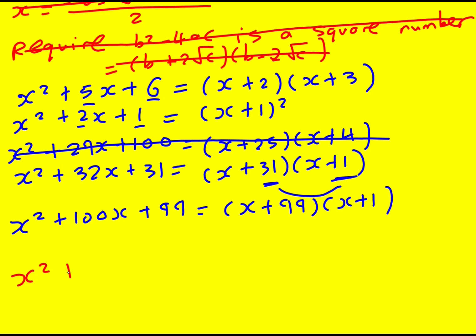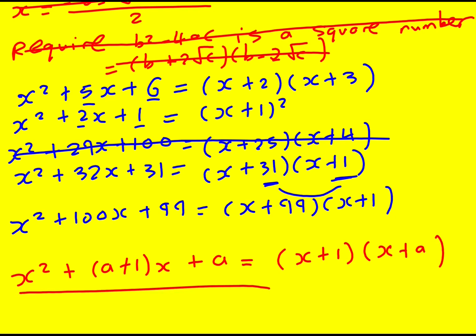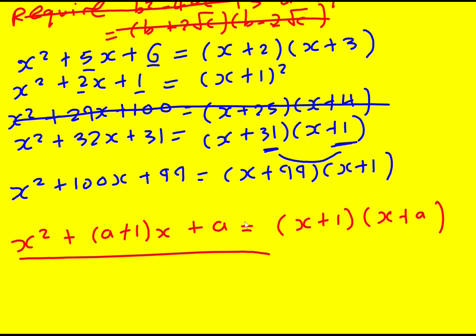Because if we have x squared plus a plus 1 x plus a, then we can factorize it as x plus 1 times x plus a. This will necessarily factorize if you have a number for a and then the next integer after it for b.